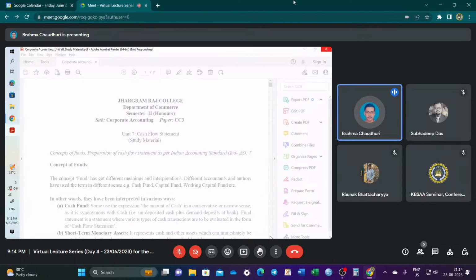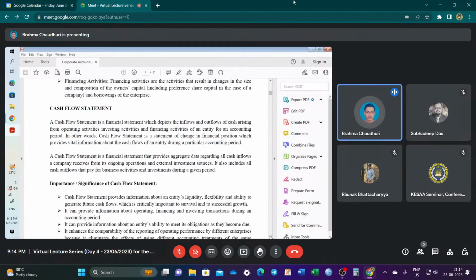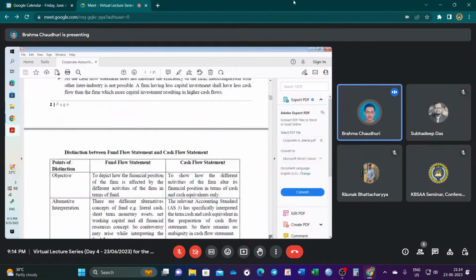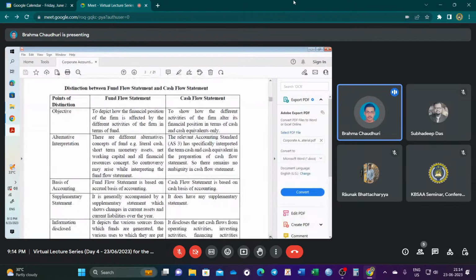Now, before we move on to the practical part, let us just look at the differences between the fund flow statement and the cash flow statement. The cash flow statement generally deals with cash and cash equivalents, and the fund flow statement deals with the fund, that is the working capital fund of a business enterprise.